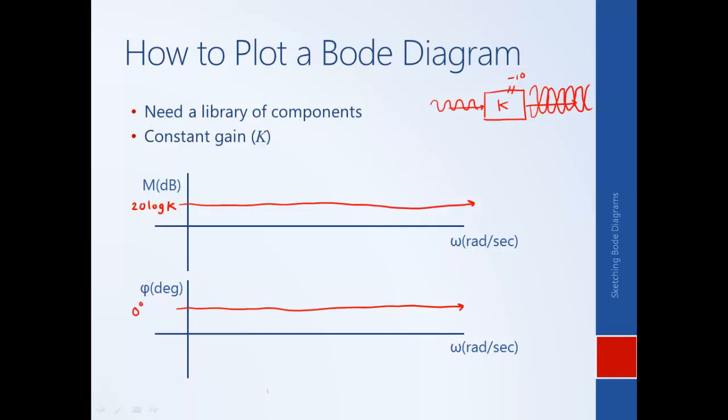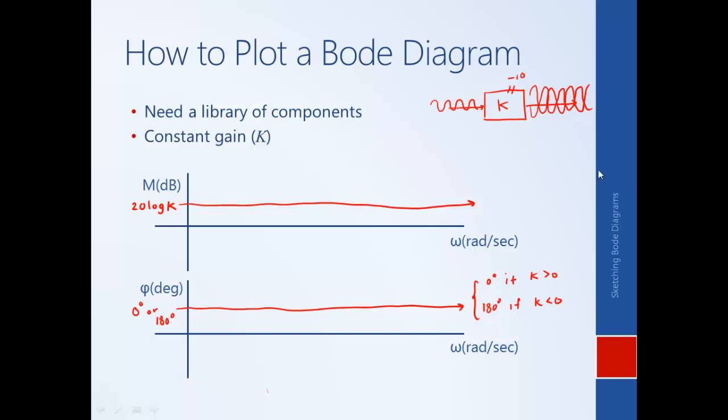So if that were the case, what would the phase then be? It would be exactly out of phase. So it would be 180 degrees or negative 180 degrees. So the phase plot will be a straight line of either 0 degrees, if k is positive, or completely out of phase, 180 degrees, if k is negative.